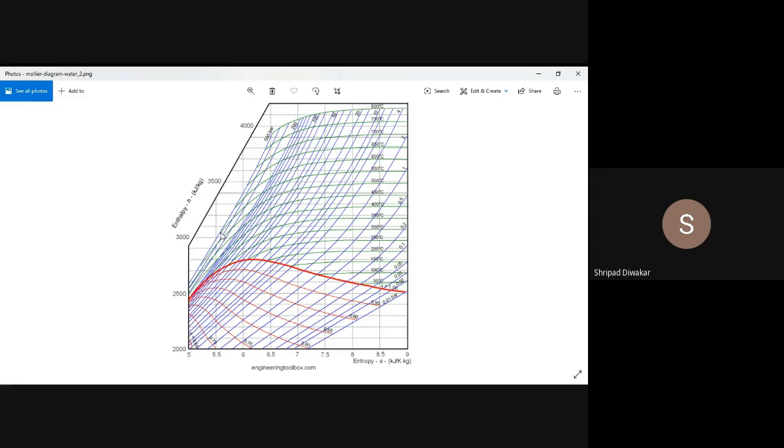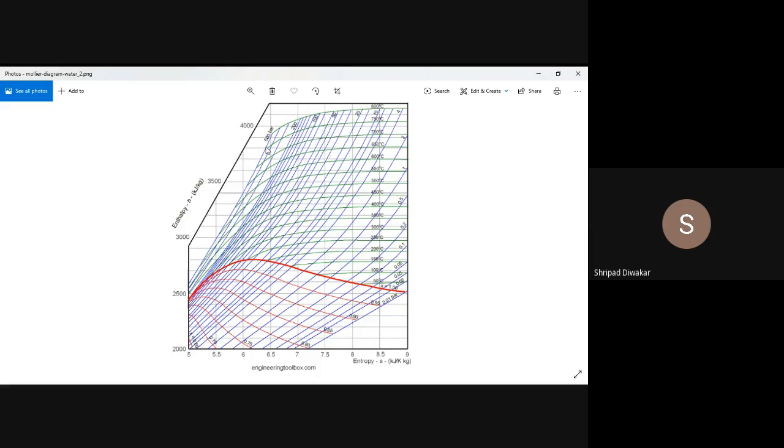Keeping left, you can read around 3100 kilojoules per kg. Suppose 500 bar and 750 degrees Celsius: first consider the 500 bar line, and this is your 750 degrees Celsius line. This is your intersection point. It is in the superheated steam region, which means the heat content is very high.